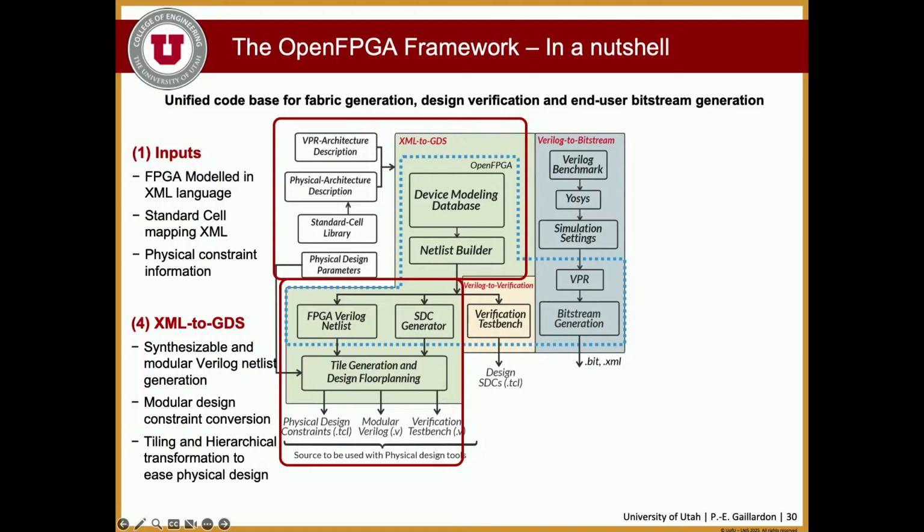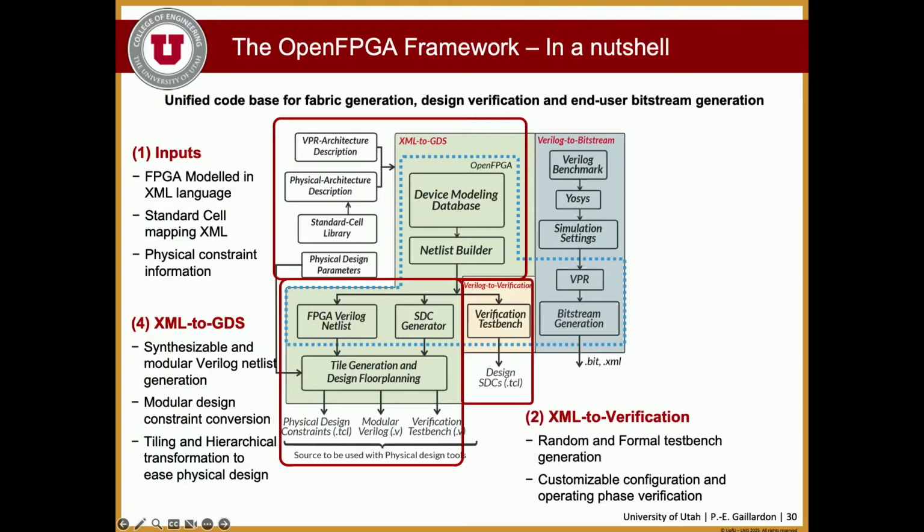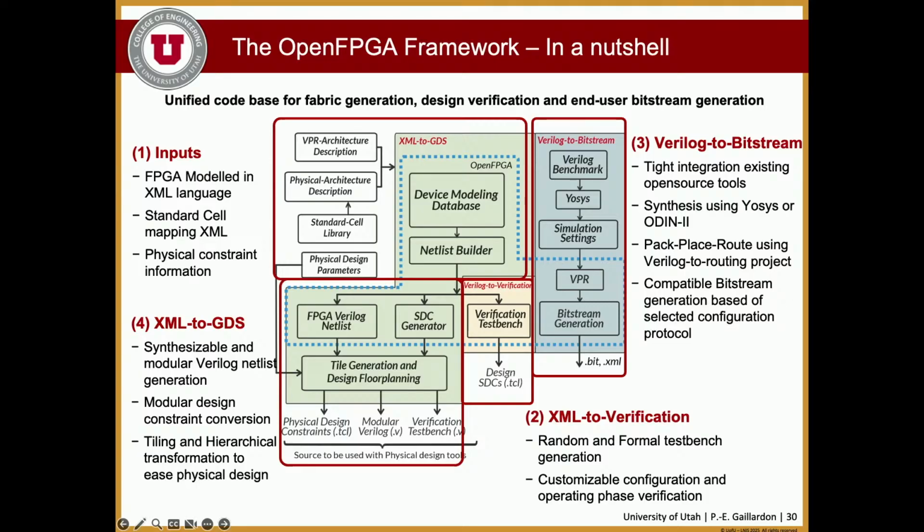That's what I call the XML to GDS. GDS is the file format used for manufacturing of chips. That's what you send to a foundry. We have the verification part to make sure that whatever you are going to manufacture is going to work. And then you have the bitstream generation, which is what the end user will see. You put in an application, and then you get the bitstream you can configure on the rest of the machine.